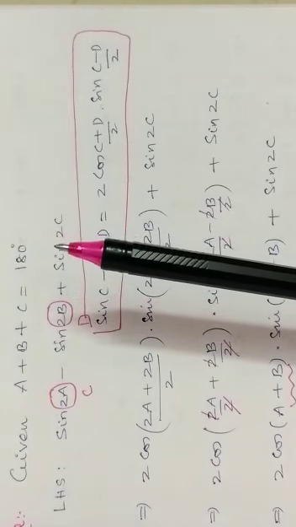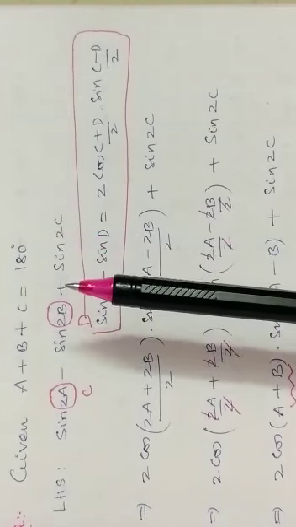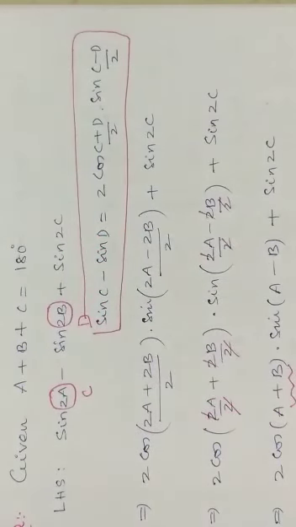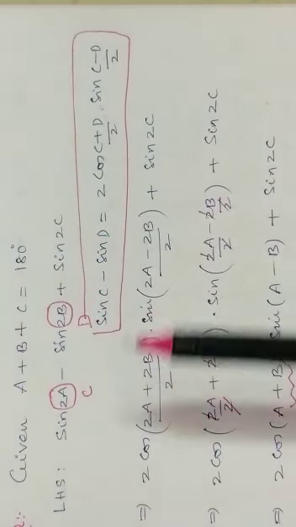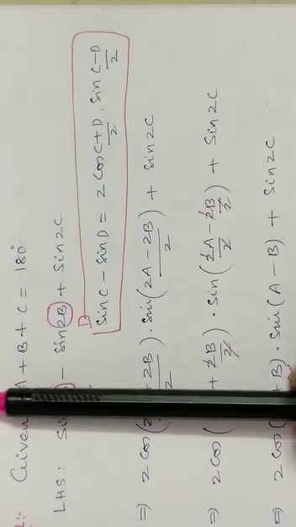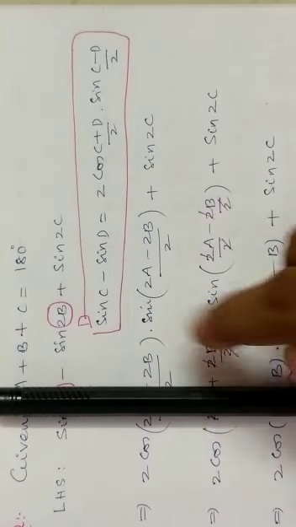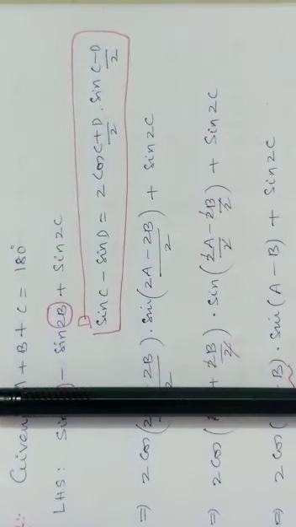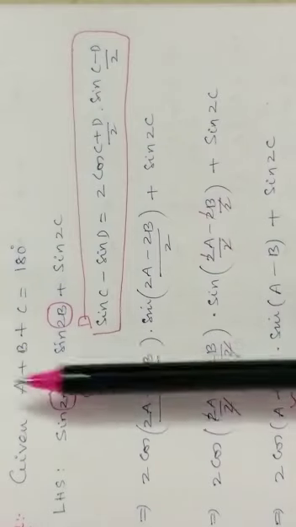A little care is to be taken when you have minus and plus. If you use these two, one term is negative and the other is positive. Whenever such a situation arises, write the positive term first, later the negative term.